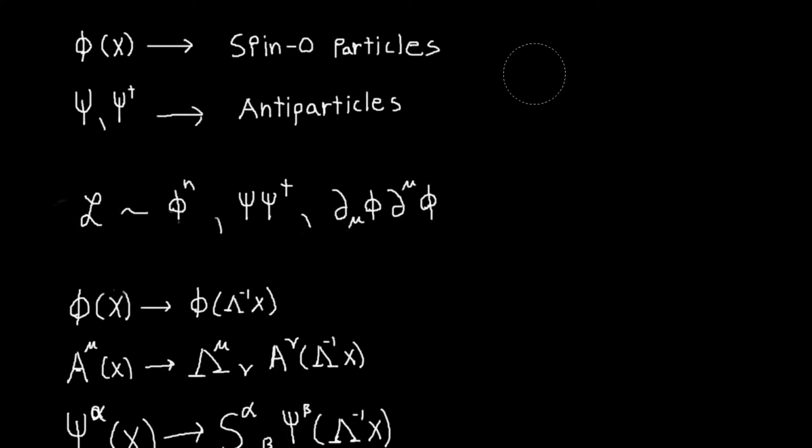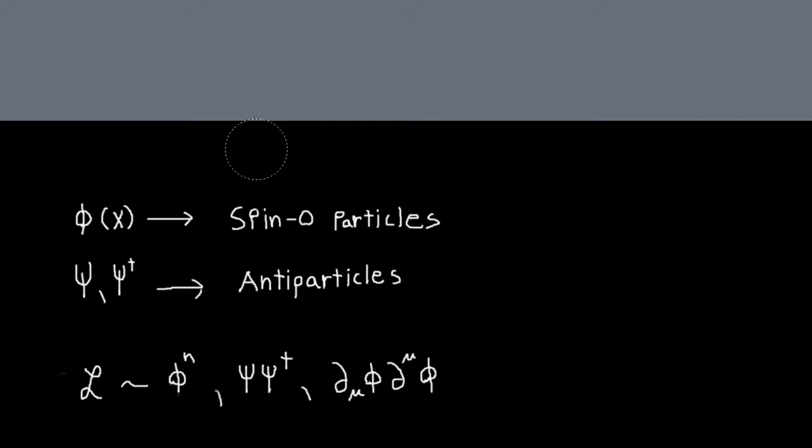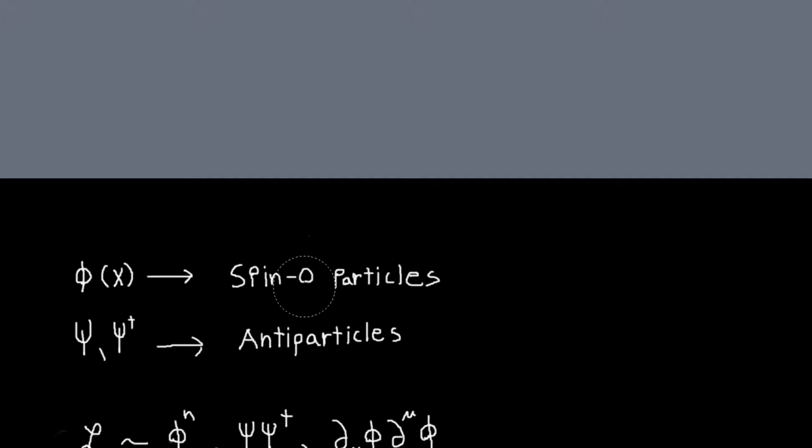Okay, so in this video, I'm gonna introduce spinor fields and the Dirac stuff in a very practical way. So basically, we've seen so far, we've quantized theories that contain scalar fields and complex scalar fields.